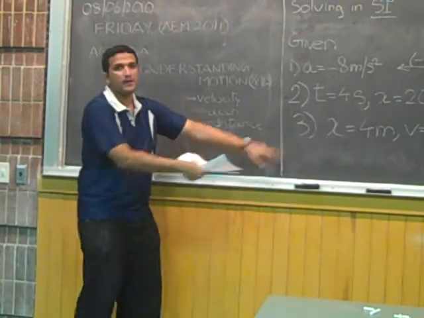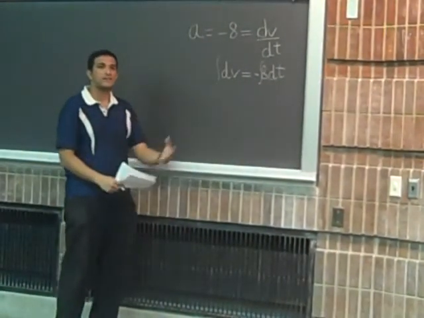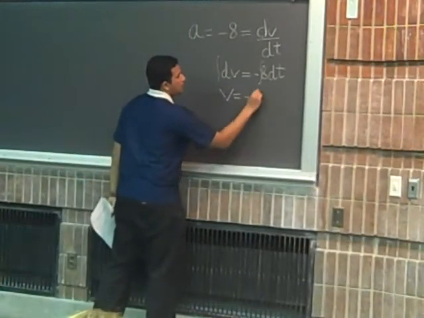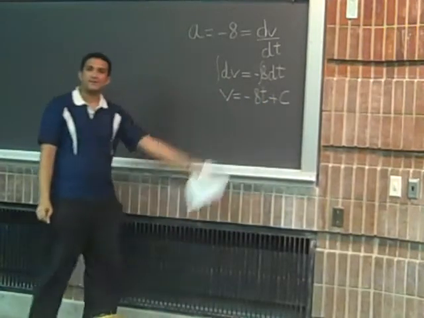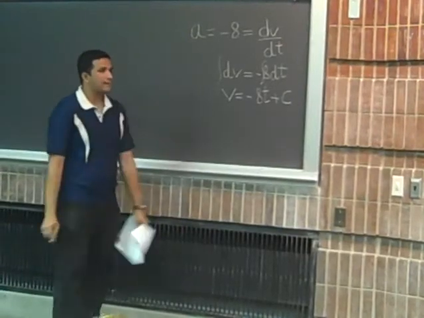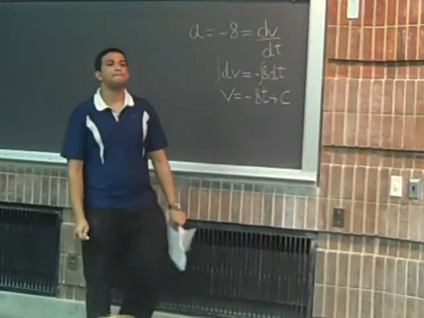So clearly we cannot have a definite integral here because we don't have the conditions for it. So we do a simple integration, we get v is equal to minus 8t plus c. Because it's an indefinite integral, you have to put a constant of integration. As I said, we don't have any conditions.